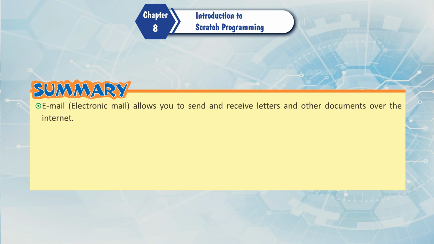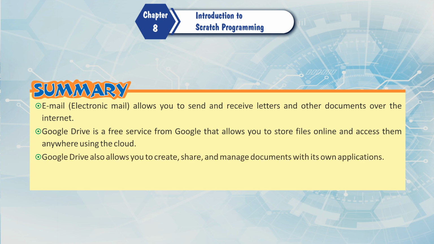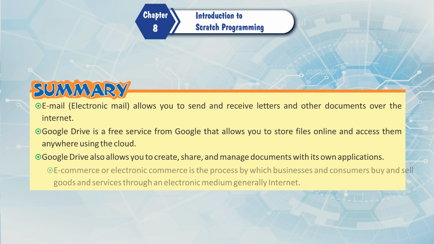Summary. Email. Electronic mail allows you to send and receive letters and other documents over the internet. Google Drive is a free service from Google that allows you to store files online and access them anywhere using the cloud. Google Drive also allows you to create, share, and manage documents with its own applications.